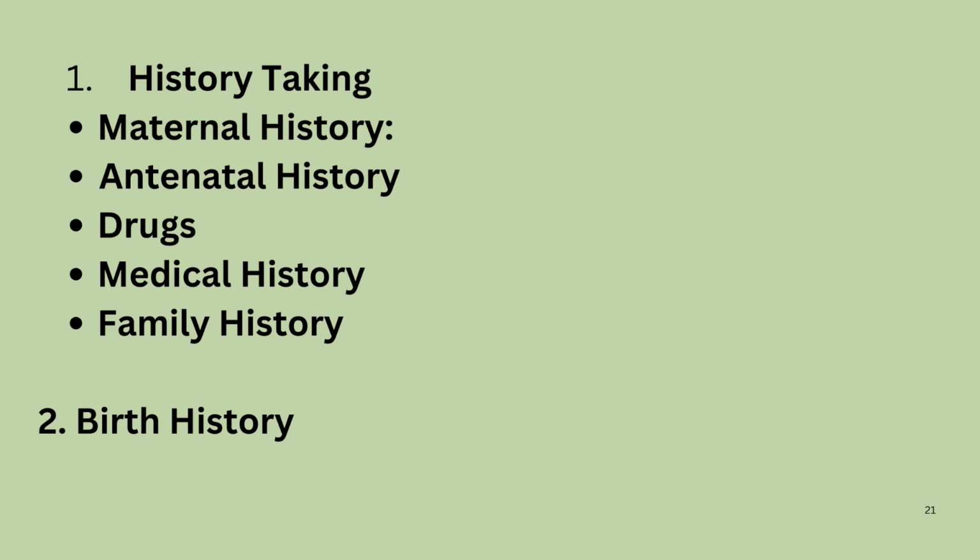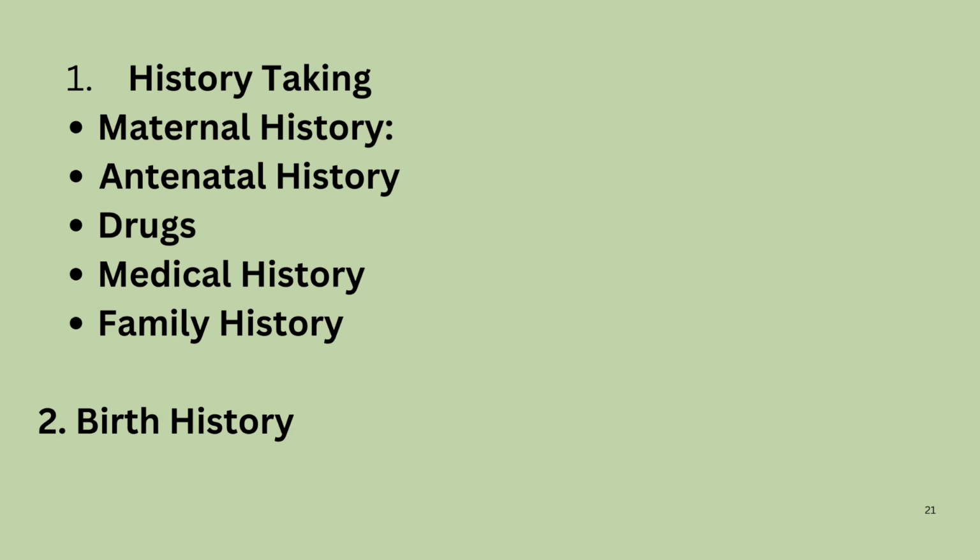History taking includes in-detail maternal history, that includes antenatal history regarding any illnesses or infections, drug history like non-steroidal anti-inflammatory drugs, NSAIDs, or some herbals, medical history that includes blood grouping, hemolytic disease, any liver diseases, family history includes any siblings with jaundice or familial jaundice, and birth history includes any traumas or cord clamping.